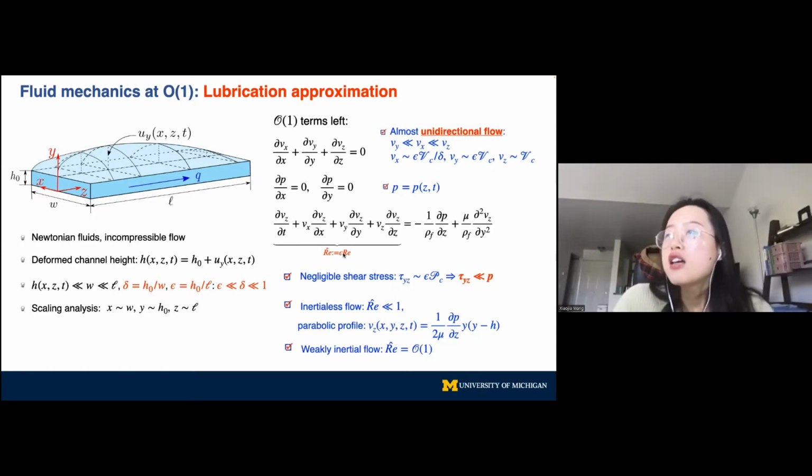If the reduced Reynolds number is at order 1, you will achieve a balance between the finite fluid inertia and the dominant pressure gradient and the viscous stress in the flow. In this case, you cannot integrate the Z momentum equation directly, and we will show you how we deal with this situation.